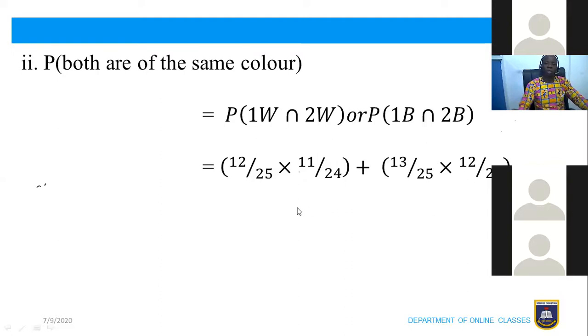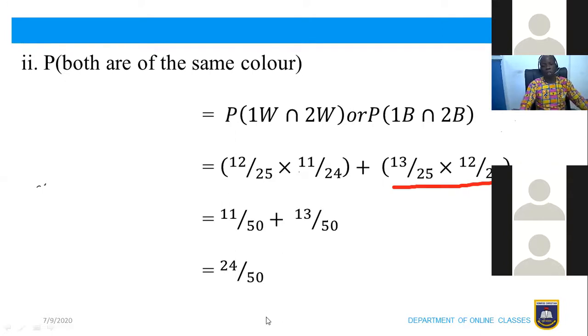If you solve these expressions, the first expression will give us 11 over 50, plus the second expression, which will also give you 13 over 50. So if you continue to simplify, your answer will be 24 over 50. And finally, if you simplify that, you'll get 12 over 25. So this is the probability of selecting balls which are of the same color.